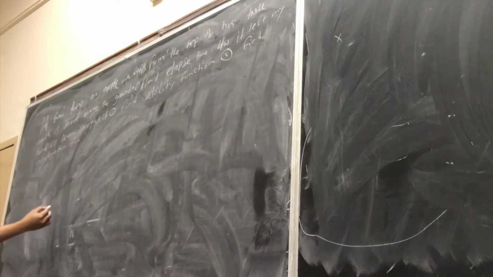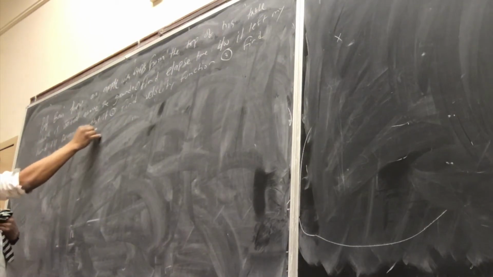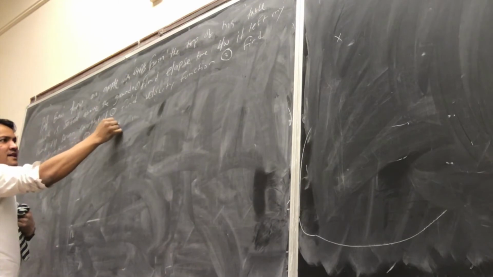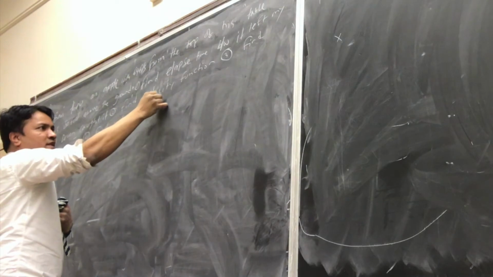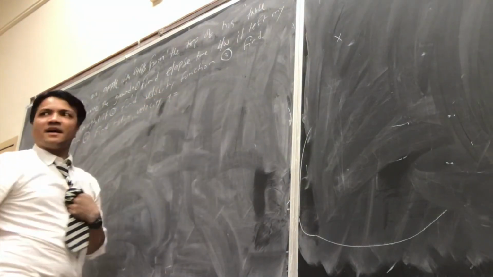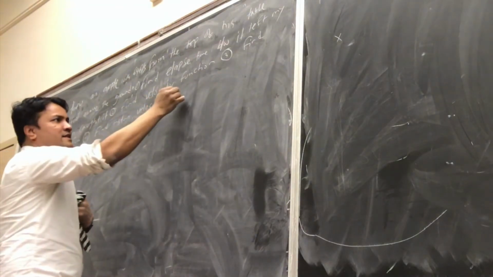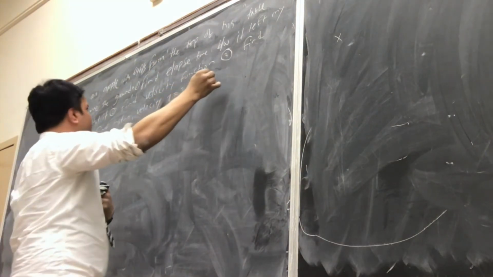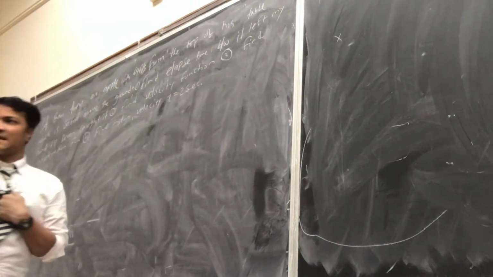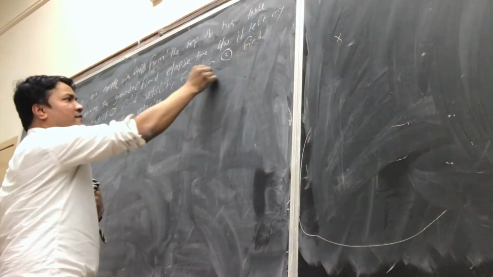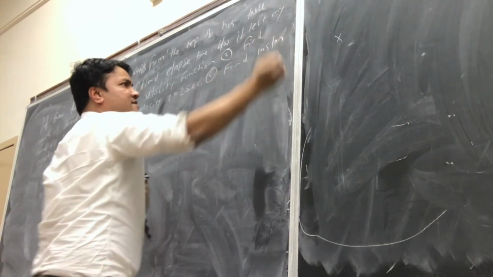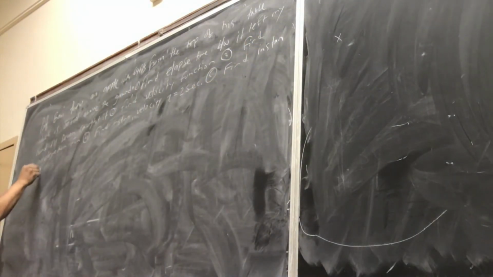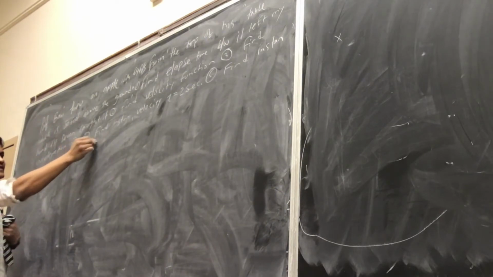Number four, find the instantaneous velocity when t is, let's say, 2 seconds. Number five, find the instantaneous acceleration when t is 2 seconds.